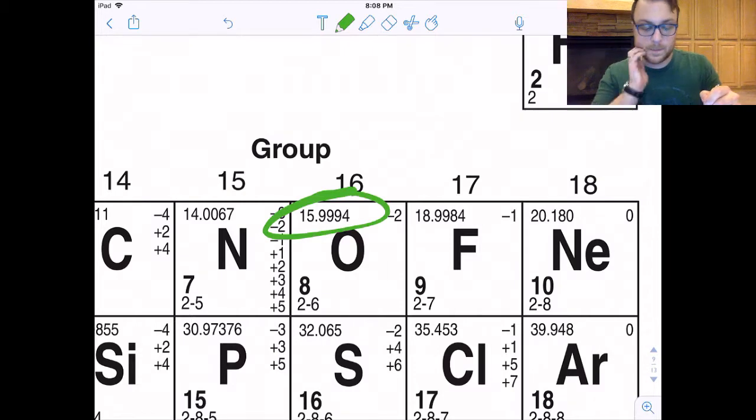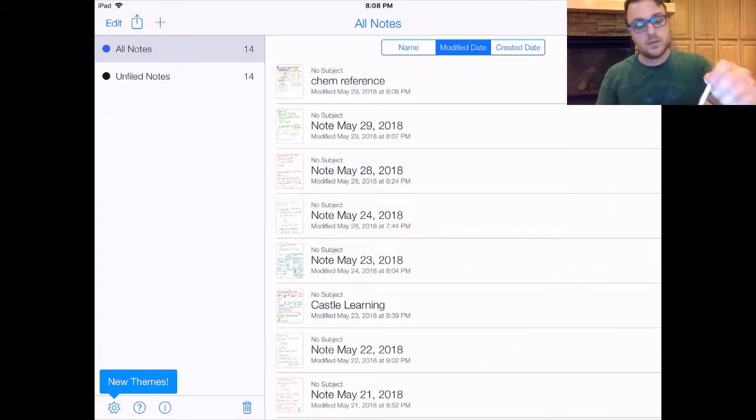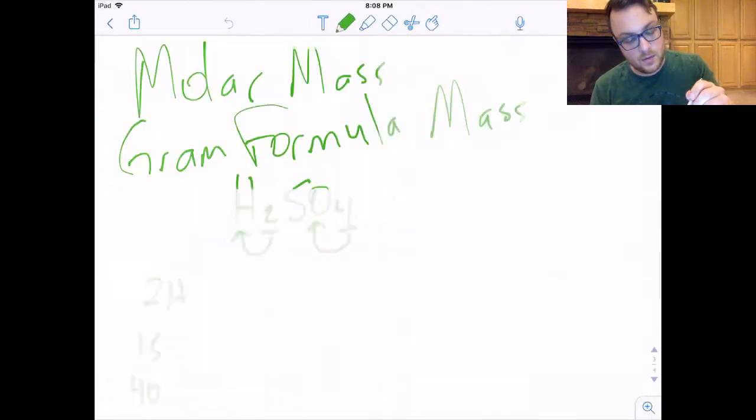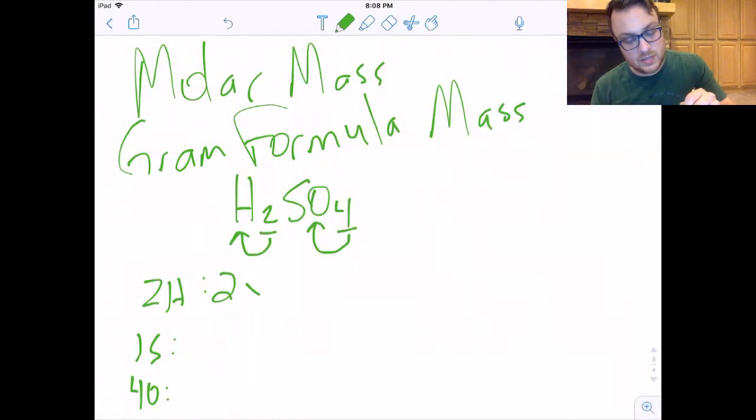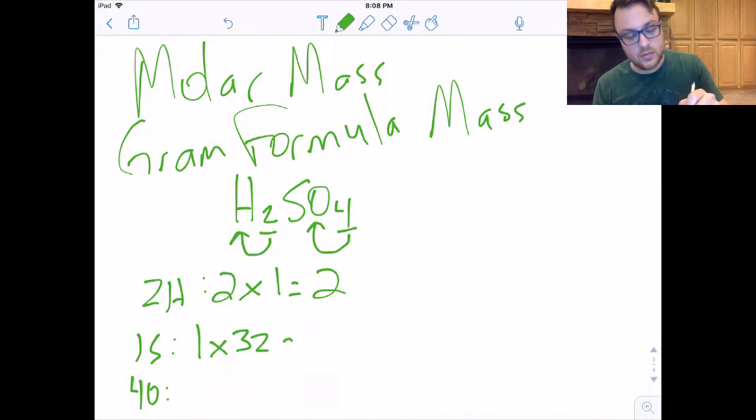So I have 2 hydrogens times a weight of 1 would give it a weight of 2. 1 sulfur times a weight of 32 will give it a weight of 32. And then 4 oxygens times a weight of 16 will give it a weight of 64.